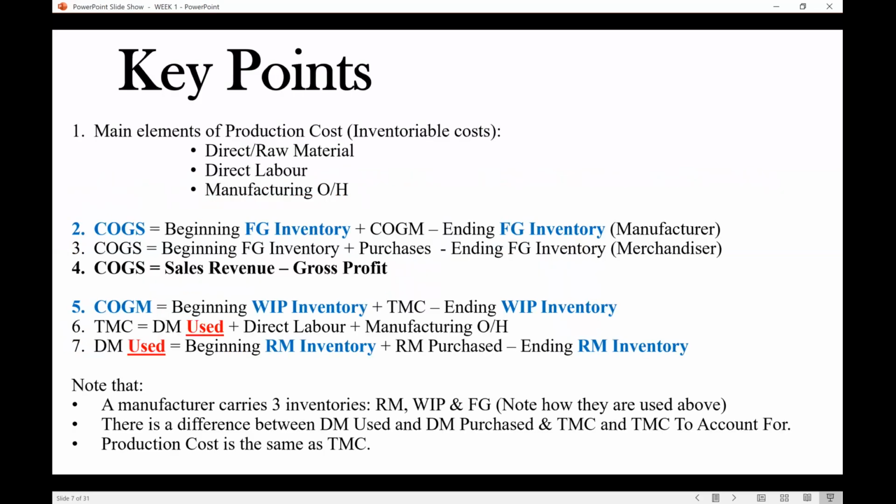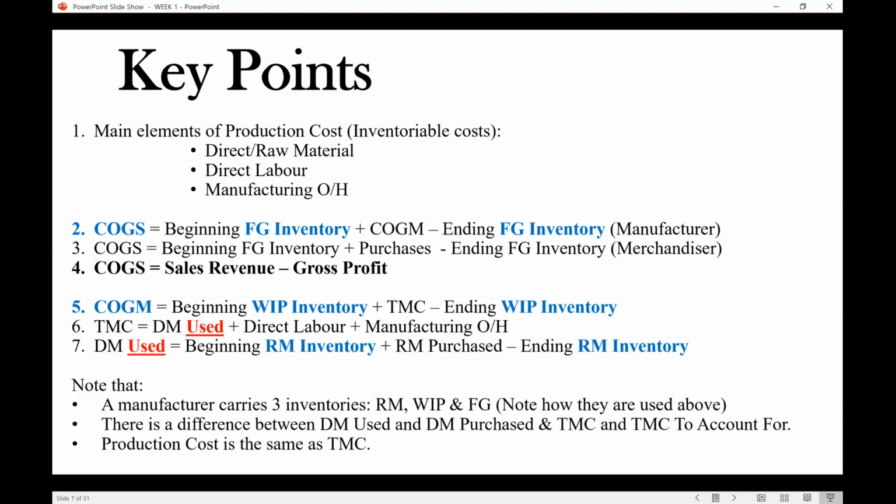So just going back to look at our formulas, again, we say we're working from the bottom up, because in an effort to find cost of goods sold, we need cost of goods manufactured. To find cost of goods manufactured, we need total manufacturing cost. So we're working from the bottom, which is direct materials used, upward. And we know we're using the equation for cost of goods sold for the manufacturer, right?